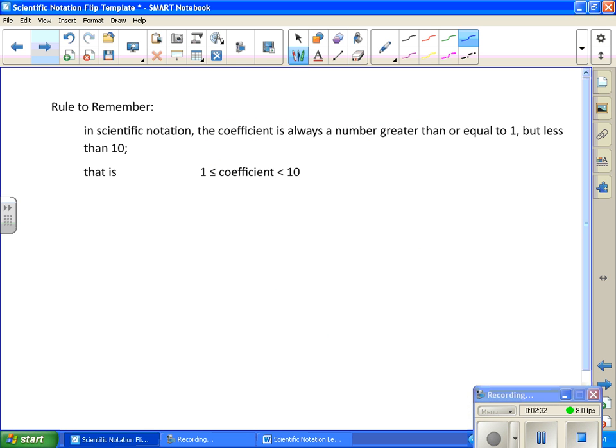The rule to remember is that in scientific notation, the coefficient is always a number greater than or equal to 1, but less than 10. That is, the coefficient lies within the range of 1, and it can be 1, and less than 10. So somewhere in that range.